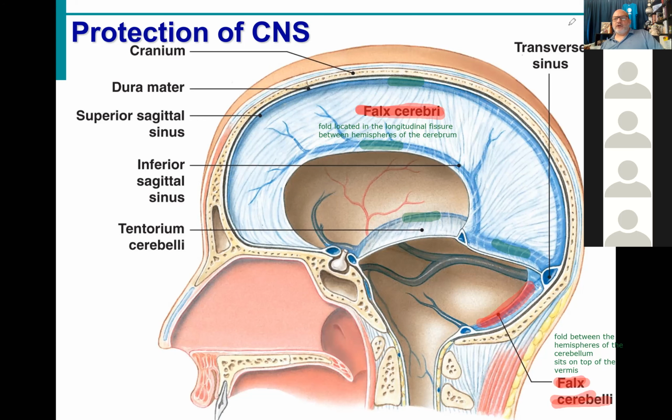Notice there is one more fold in the dura mater. This one basically, its job is to separate or really stabilize the space between the cerebrum and the cerebellum. Notice this sits like a tent over the top of the cerebellum.